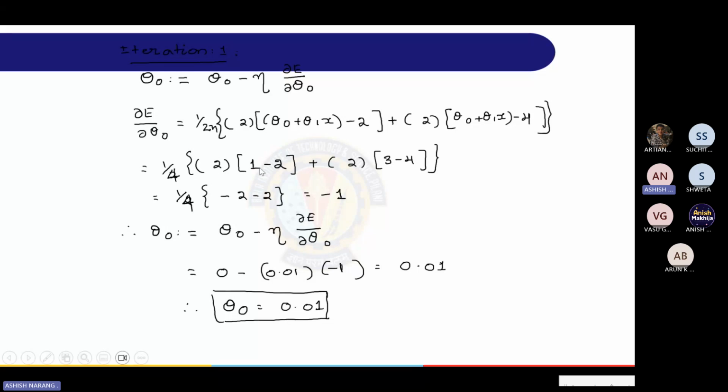Instead of 3 minus 4, you will have 3.07. Here you will have 1.03. And then you see what is the value that you are getting for the partial derivative of theta 0. What is the partial derivative you have got with respect to theta 0 first? Minus 0.02.